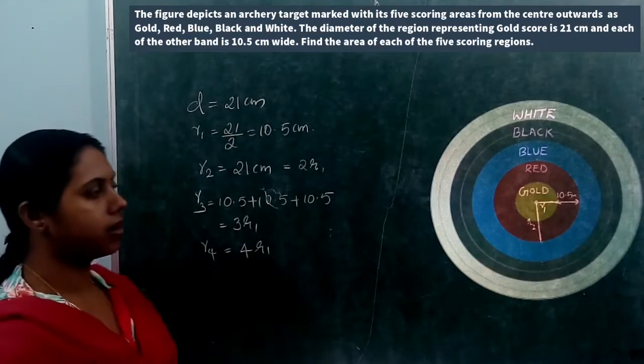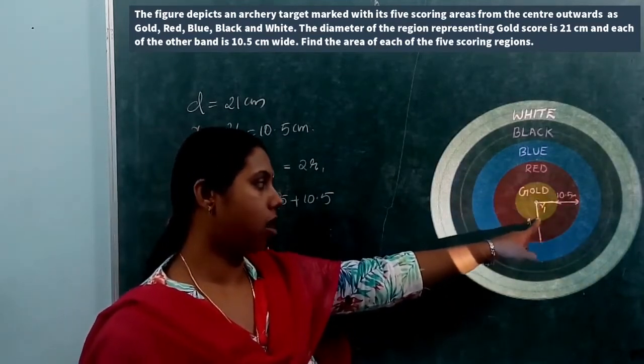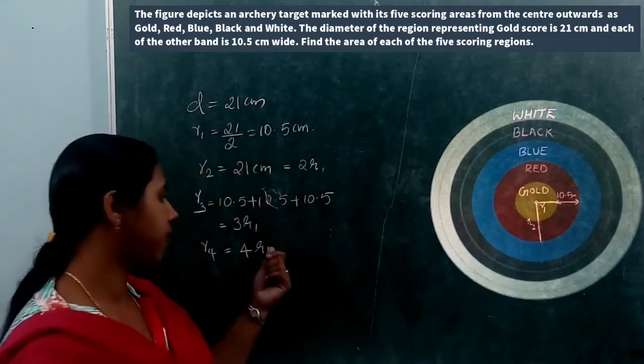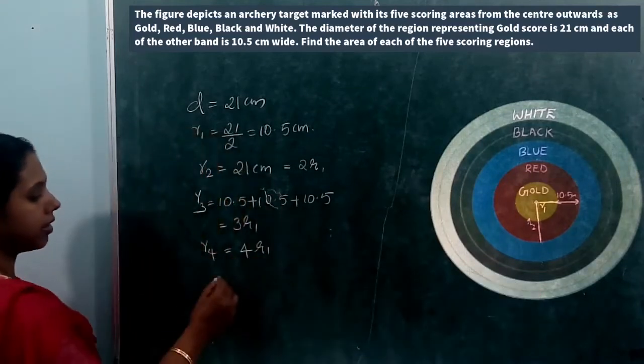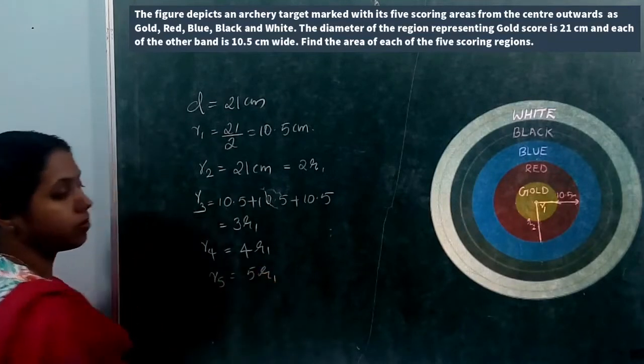The last one, the region of gold, red, blue, black and white. So 4 R1 plus one more 10.5, that is one more R1, that is equal to R5, which is equal to 5 R1.